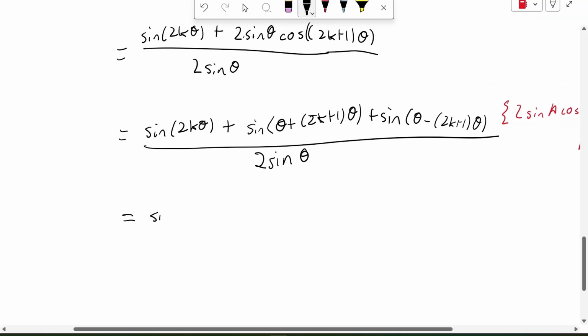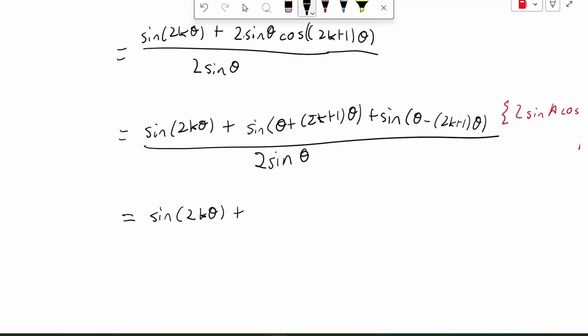So this is sine of 2k theta plus, now this becomes sine of, well, if I pull out theta as a common factor, it's going to be theta, and that's essentially 1 plus 2k plus 1. It'll be 2k plus 2 theta in the end. Here, I can do the same exact thing.